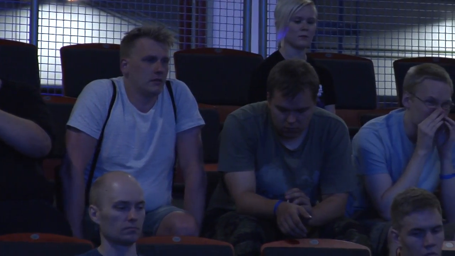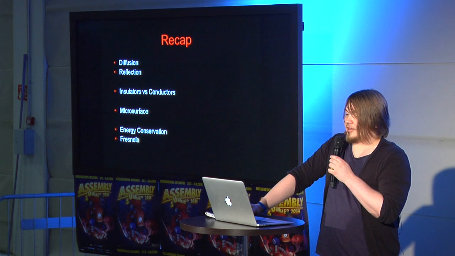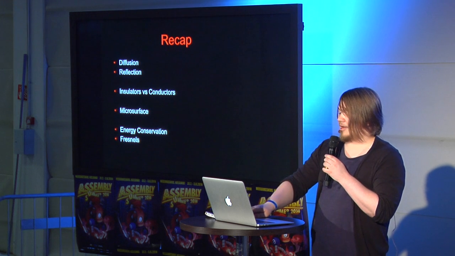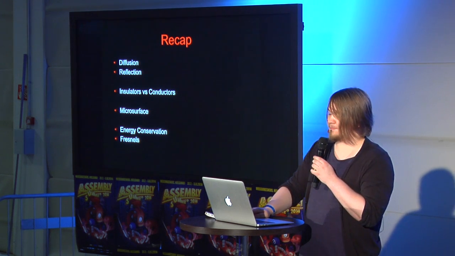So a really low level of reflection versus really high levels of reflection. And the microsurface that defines how rough the surface is. And the new features that come with physically based rendering systems, energy conservation. So no light leaving the surface is ever brighter than that which fell upon it originally. And the Fresnel effect, which means the reflections differ depending on the angle the surface is viewed from.